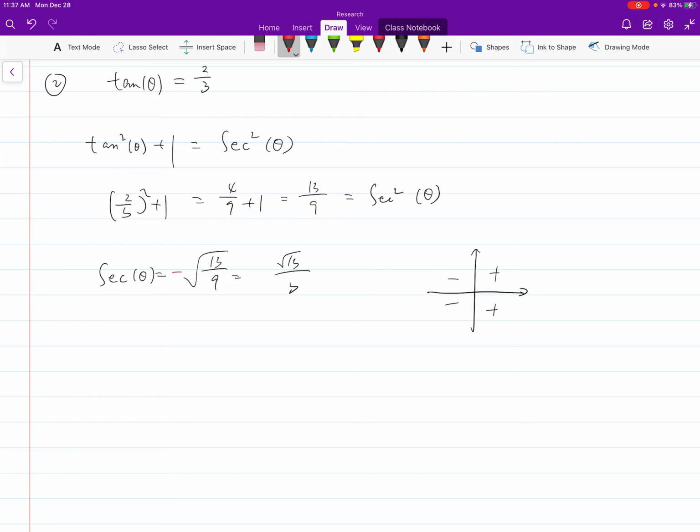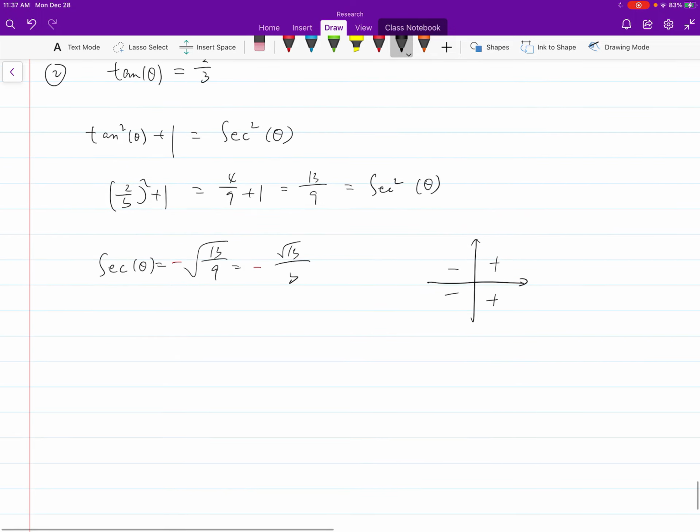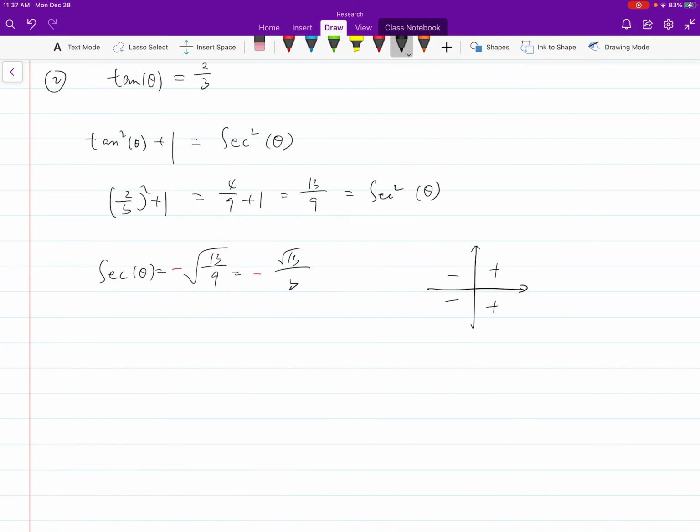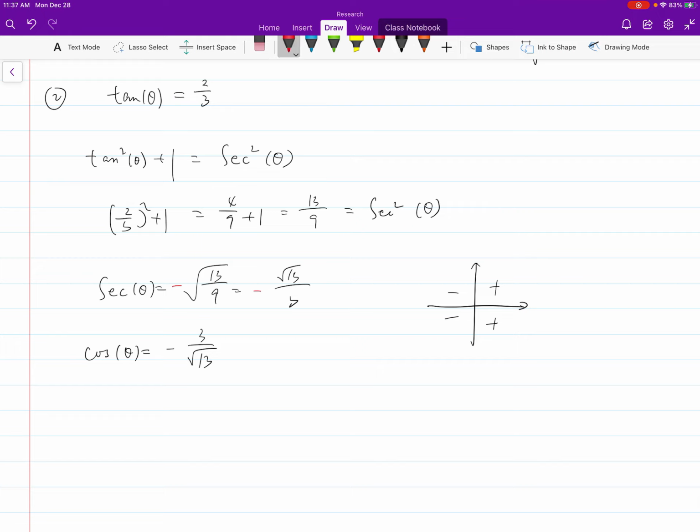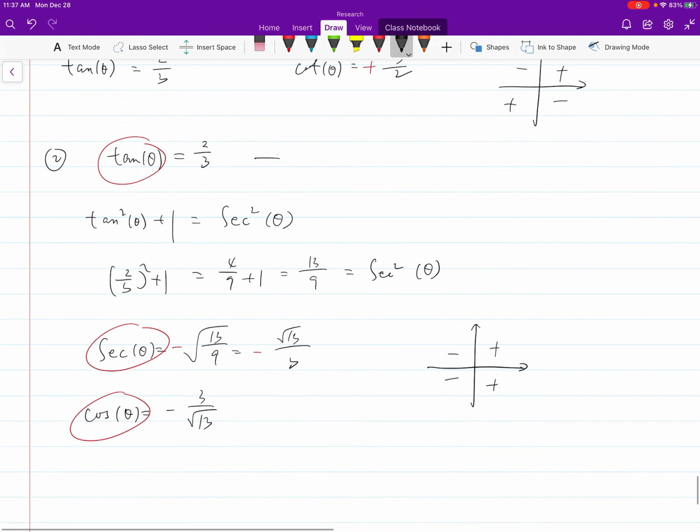So that's step 1. Four more to go. Once you know secant, good news is automatically you know cosine. So we have 1, we have 2, we have 3, 3 more to go.